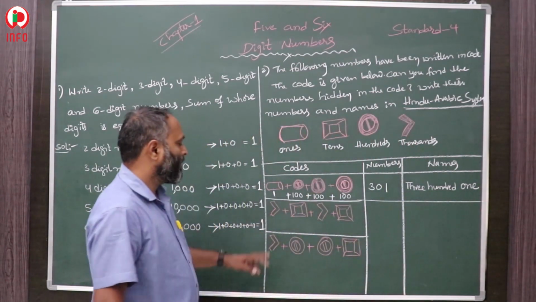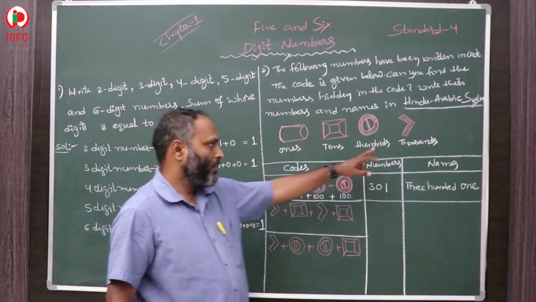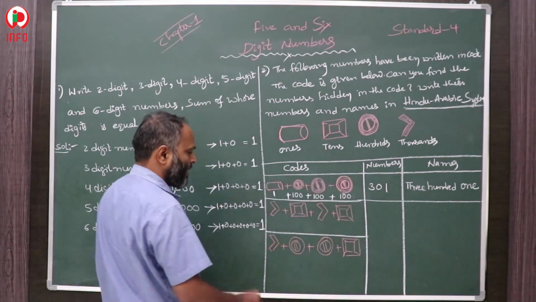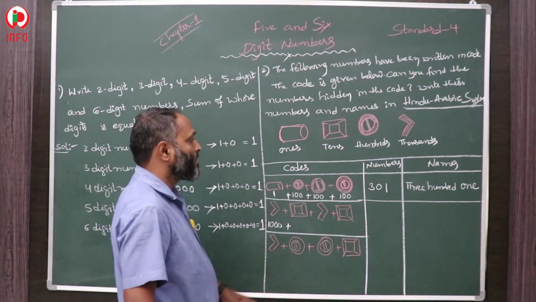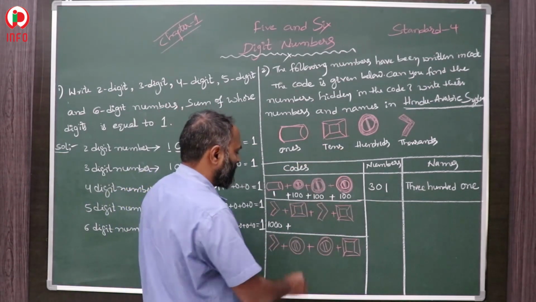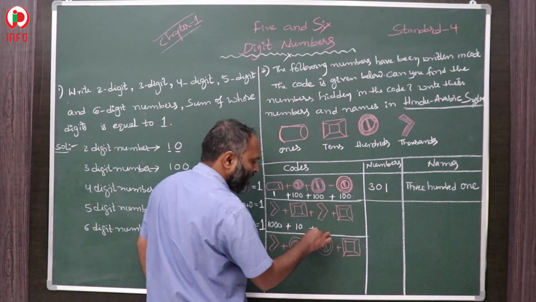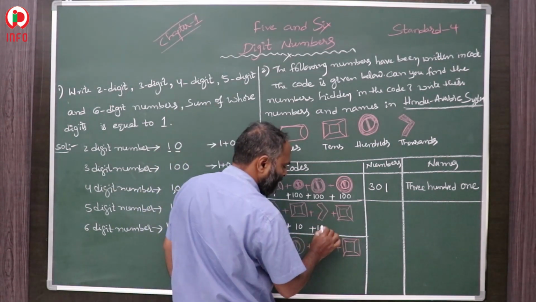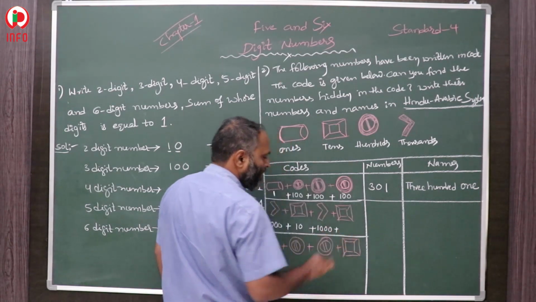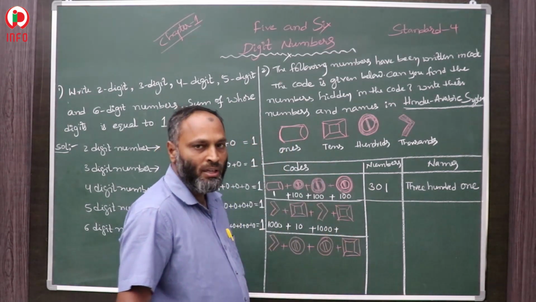Next, this is the arrow. Arrow means 1000, plus. Square means tens. Again arrow is given, that is 1000. Again square is given, square means 10.